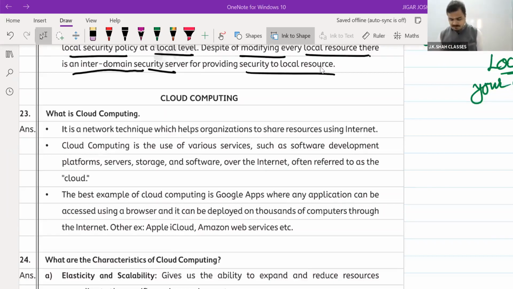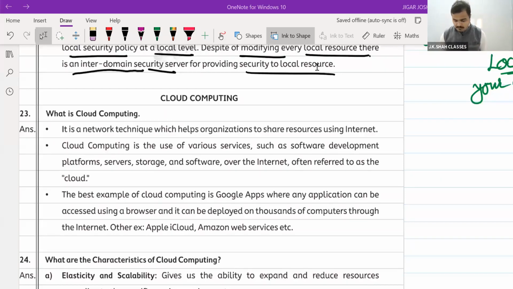Now listen to this very carefully, people. My question to you is very simple. If I play any simple song on YouTube, where exactly is the song stored?